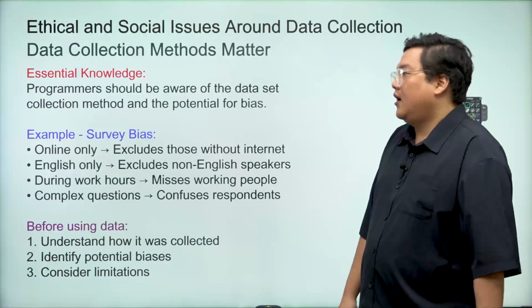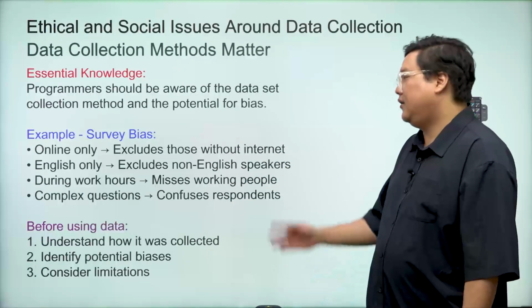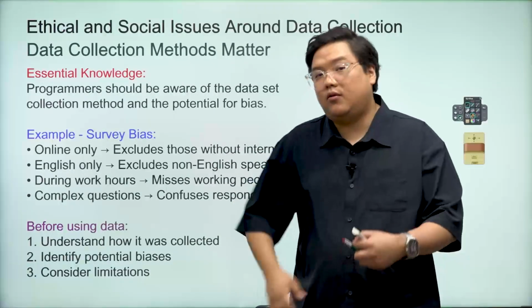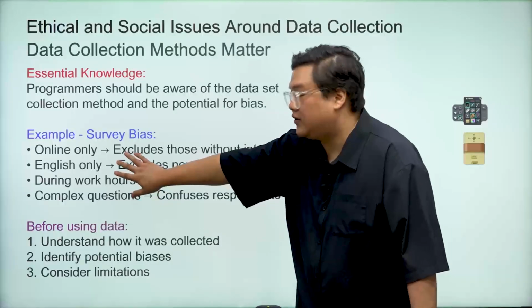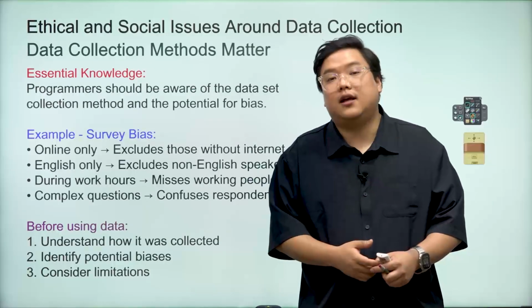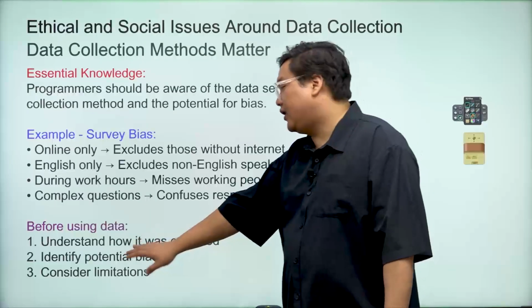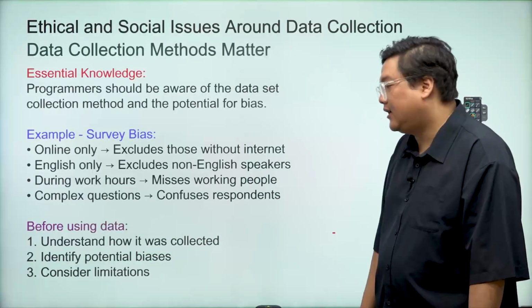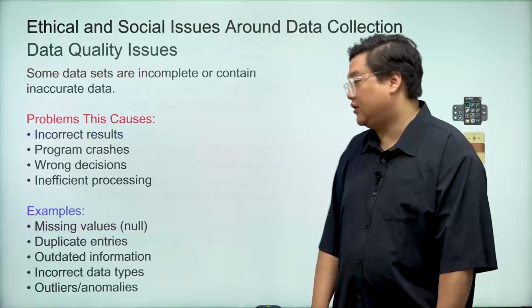So for example, survey bias: online only will exclude those without internet access. These are statistical techniques that you actually learn in AP Stat as well. Before using data, you need to understand how it was collected, identify potential biases, and consider your limitations.